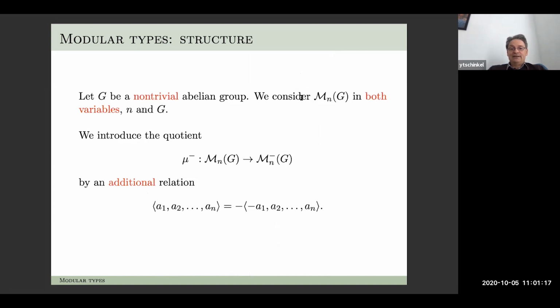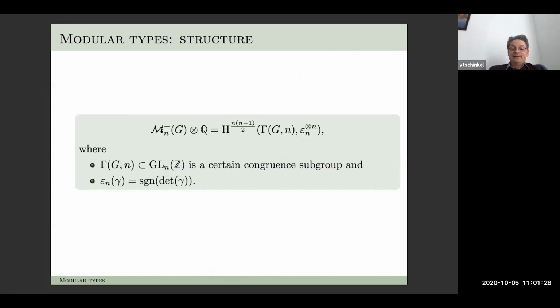So we can consider Mn of G, in n and in G. We can introduce this additional relation. And then we found that actually the Q vector space Mn minus 1 of G is a cohomology of an arithmetic group, a certain congruence subgroup in GLn of Z, with certain specific coefficients.